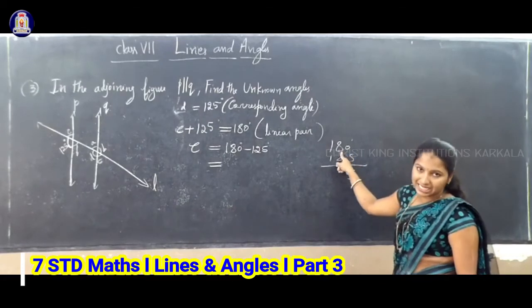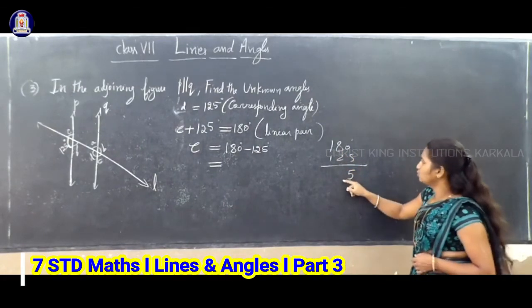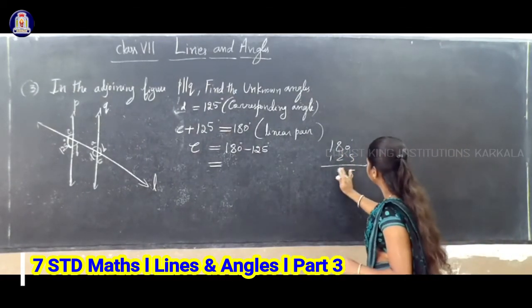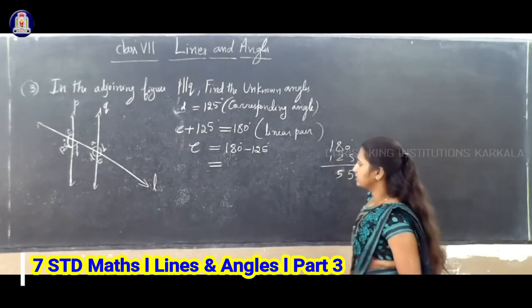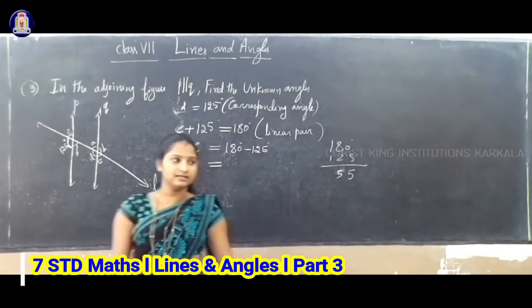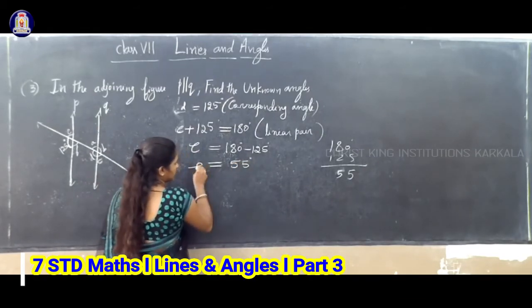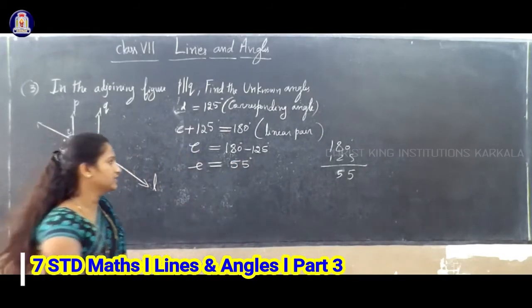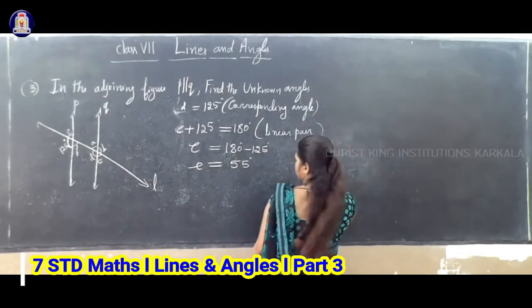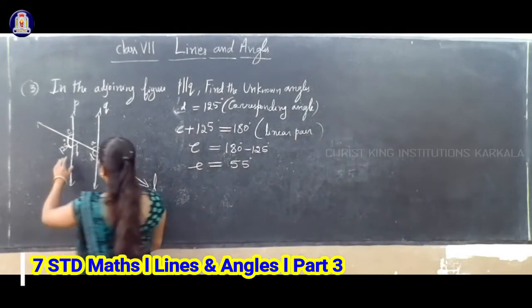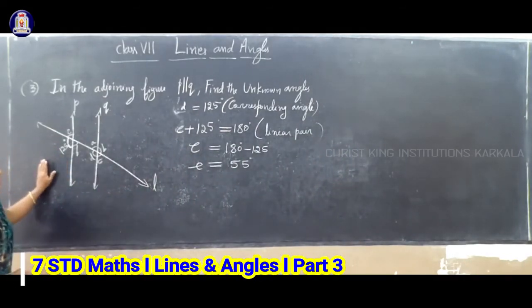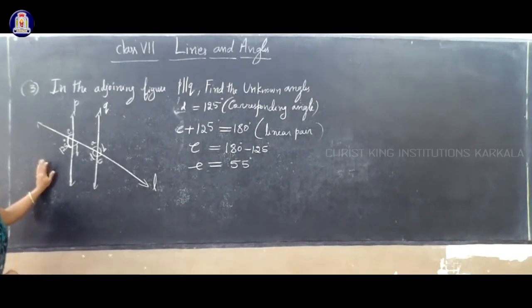Your remaining 7, 7 minus 2 is 5. So 1 minus 1 is 0. So what is the answer? The answer is 55 degrees. So E is equal to 55 degrees. Clear? So angle E plus 125 is equal to 180, so 180 minus 125 is 55.